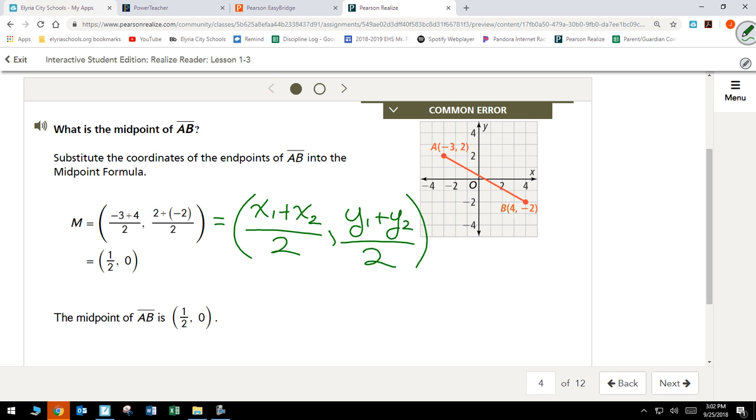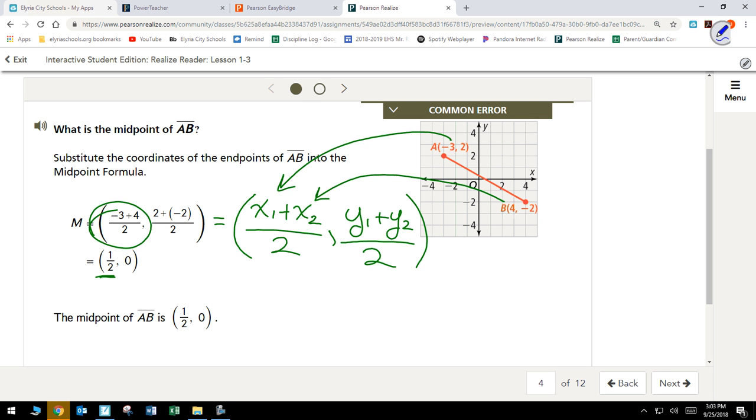And given the 2 points, it doesn't matter which one you call x1, y1, or x2, y2. If you're adding them, order doesn't matter in addition. So here we can see that we take the x values from the points and we plug them in to get that. -3 plus 4 gives us +1 over 2. Our new x value is 1/2.